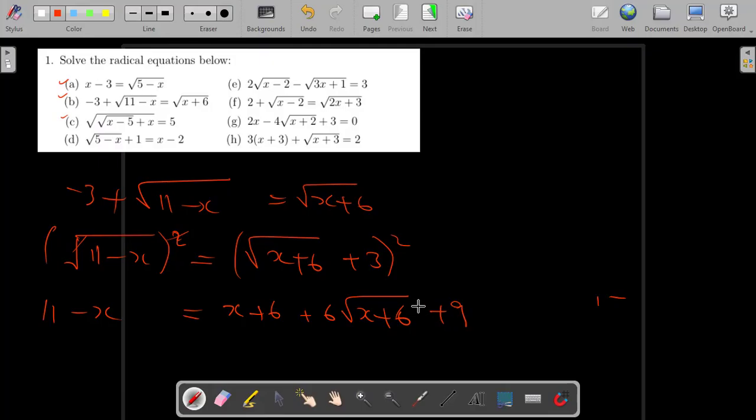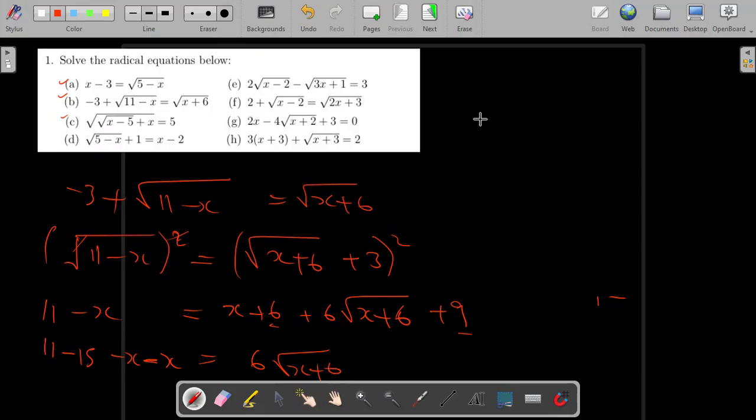From here again, you do the same where you group the terms. This 6 can be added to this 9, and that gives me 15. Such that I take the negative 15 to the other side. I have negative 15, then negative x, and this also becomes a minus x, and I remain with 6 root x plus 6 on this side.